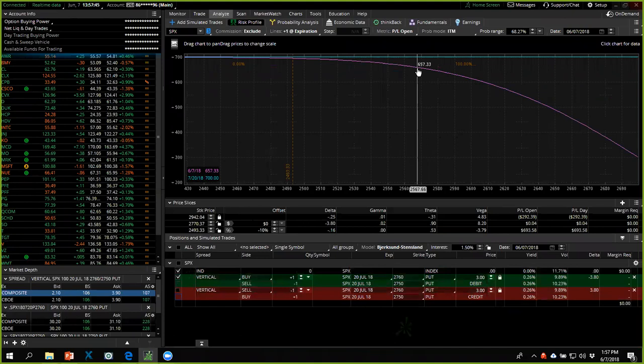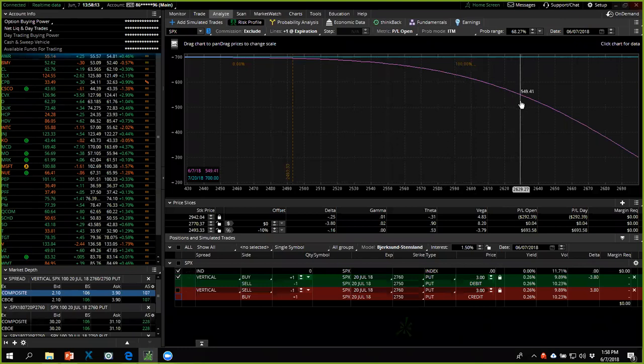So 80% of that is $560, yes. $560 would be right about here on the graph.